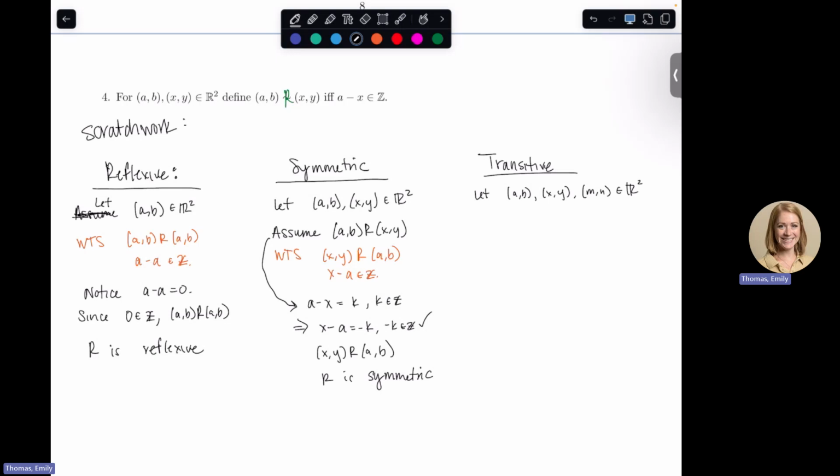Okay, A, B, X, Y, M, N are all in R2. We would like to assume what about these things? So A, B is related to X, Y, and X, Y is related to M, N. And what are we trying to show? A, B relates to M, N. And what does that actually mean? A minus M is an integer.